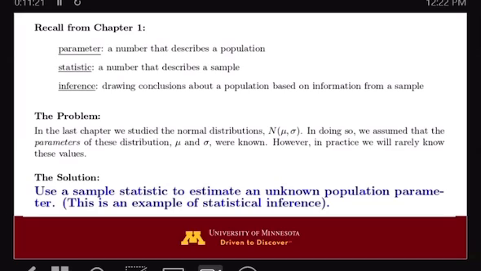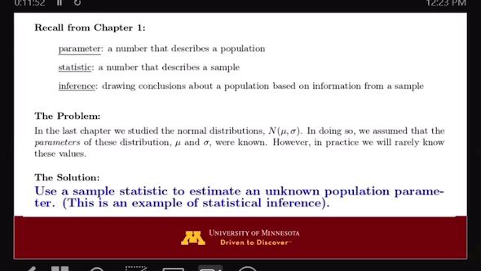Parameter could be what is the percentage of the citizens that approve the job the president is doing. Parameters could be, on average, what is the number of hours the students of University of Minnesota commit to studying? Parameters could be, what is the average household income in a country?